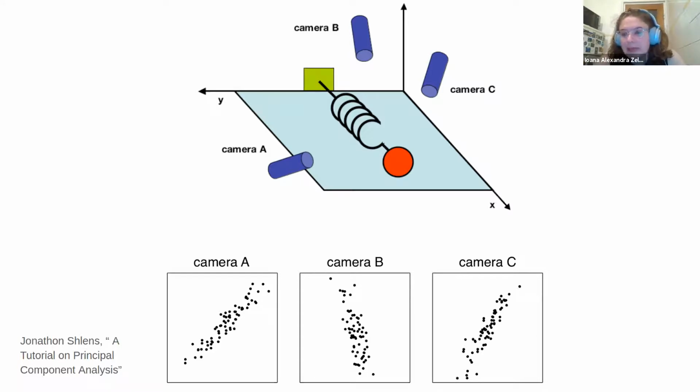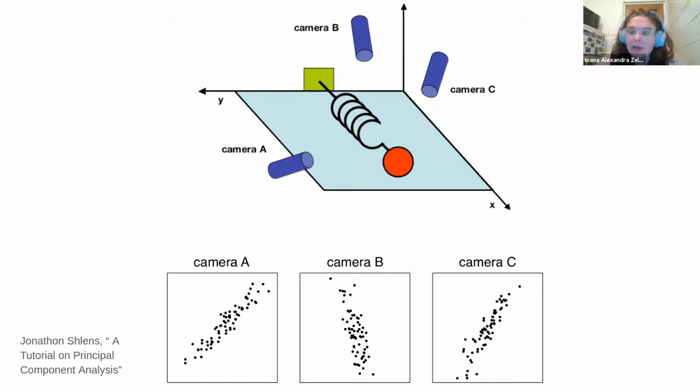What data we obtain from these cameras is 3-dimensional positions from each of these cameras, right? So we have a lot of dimensionality in the data, but actually the physical law that describes this motion is a single-dimensional law. It's just k delta L, right, for the spring.